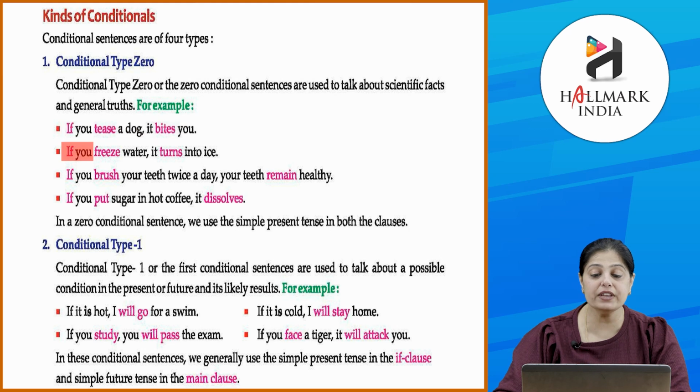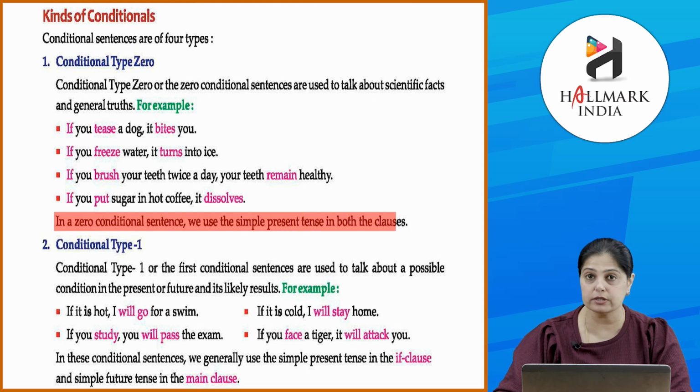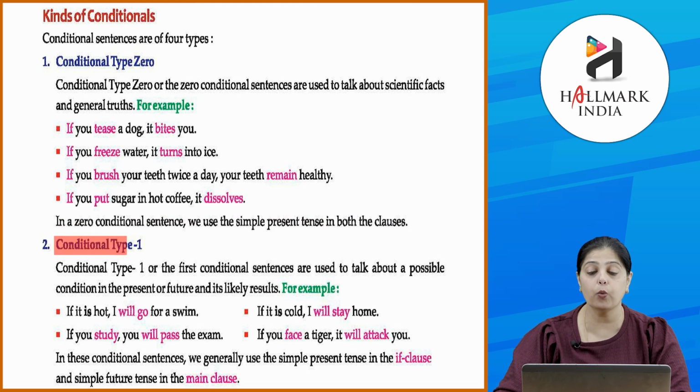Okay. If you freeze water, it turns into ice. If you brush your teeth twice a day, your teeth remain healthy. If you put sugar in hot coffee, it dissolves. Okay. Now remember, always remember this, that in a 0 conditional sentence, we use the simple present tense in both the clauses.